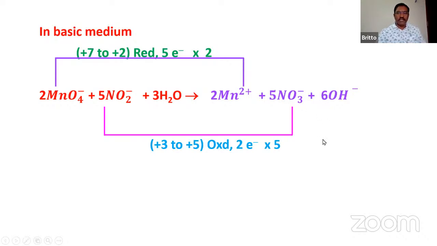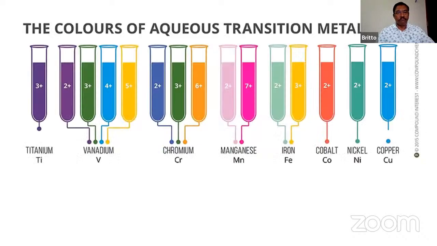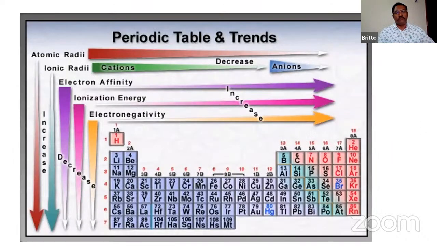Oxygen is also tallied. Now the charge: here 5 minus and 2 minus, so 7 minus. On this side, 5 minus plus 6 minus is 11 minus, and 2 2s are 4, so 4 plus. 11 minus and 4 plus gives 7 minus. So the charge is balanced; everything is balanced here. Okay, I'll stop here.